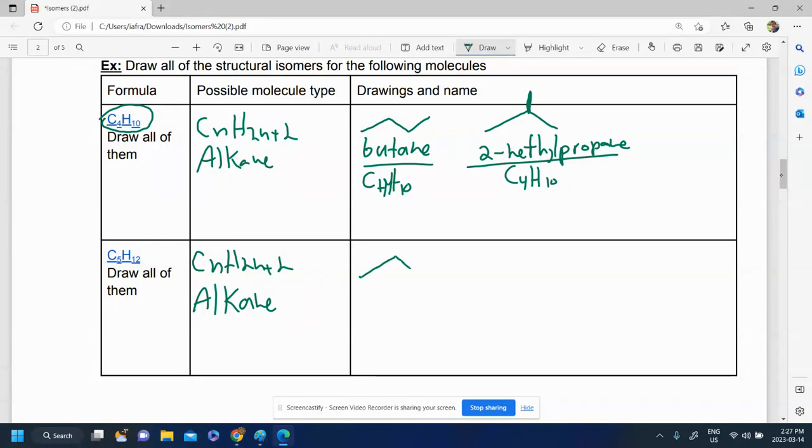So 1, 2, 3, 4, 5. So we drew pentane. Next, I'll try to put a substituent somewhere. So I'll make a 4-carbon chain and then put a substituent here. And so I'll get 2-methyl butane.